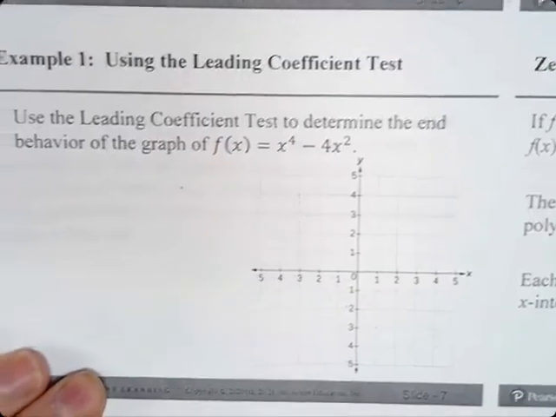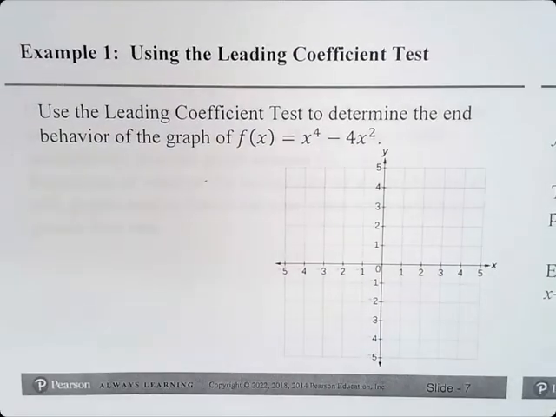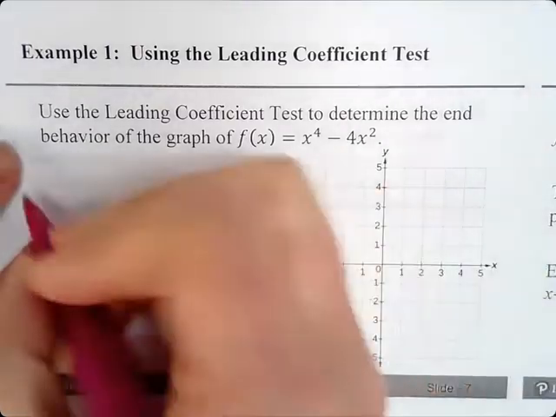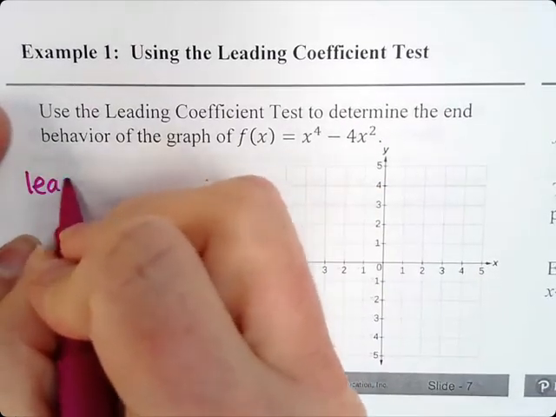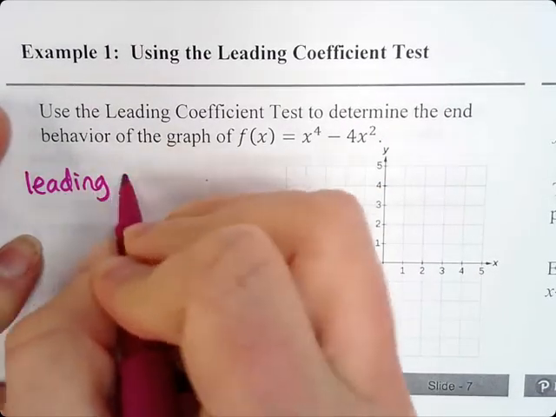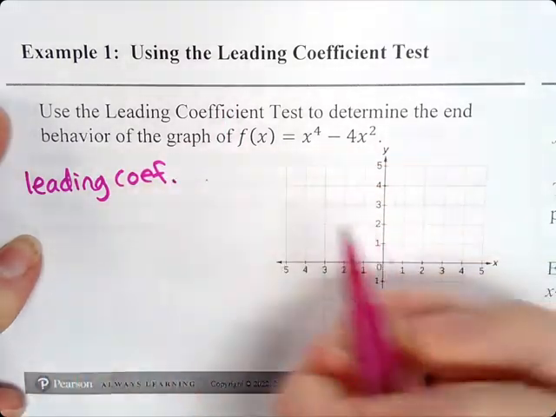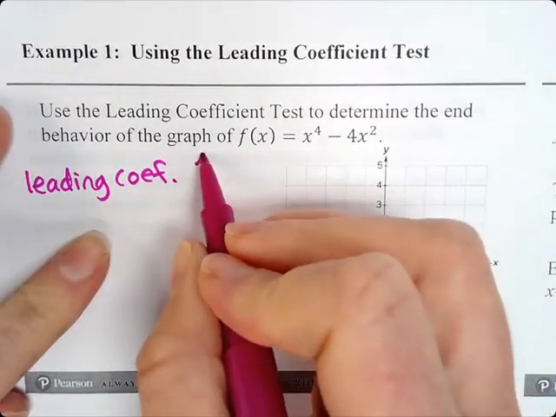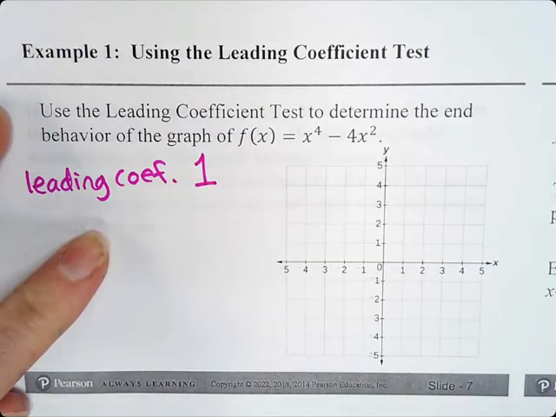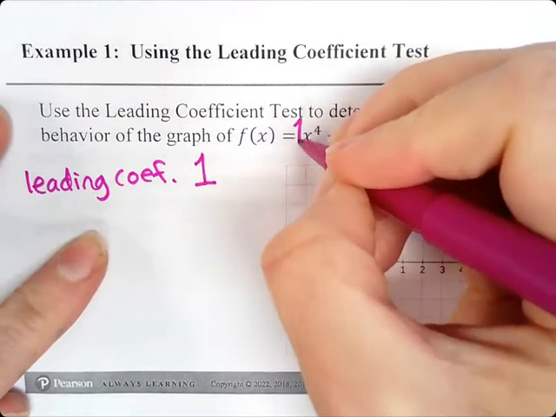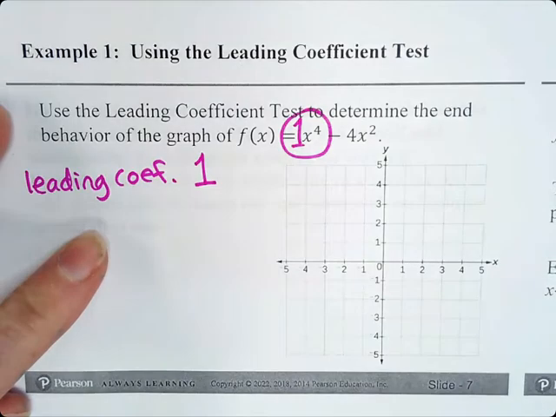So our first example, all we're going to do is describe our end behavior. Our leading coefficient is 1, because it is 1x to the 4.